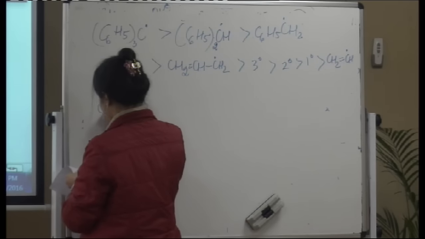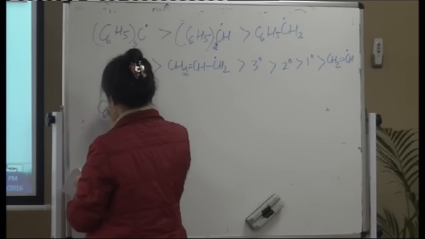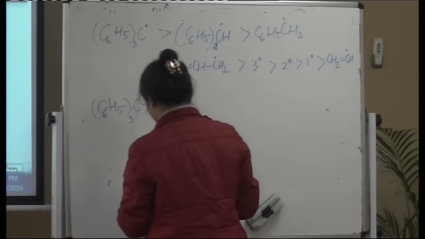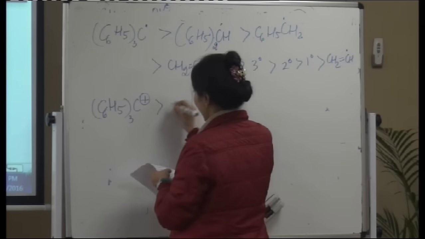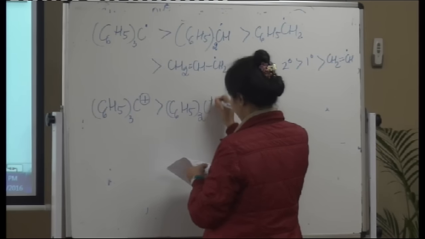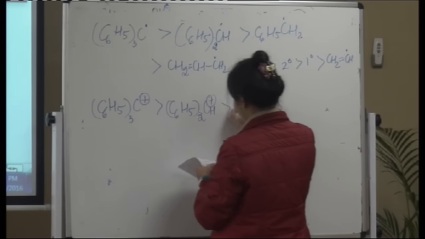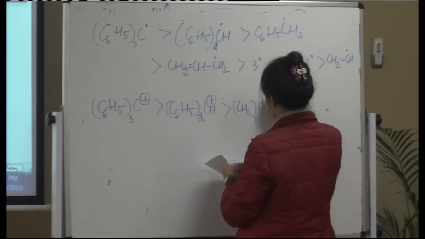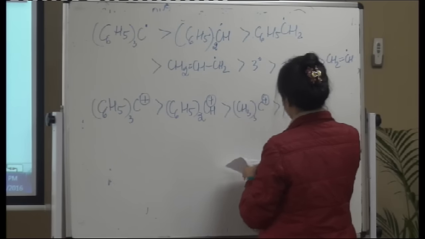The carbocations are electron deficient species. You will have (C6H5)3C+, then in the same order (C6H5)2CH+, and then (CH3)3C+.